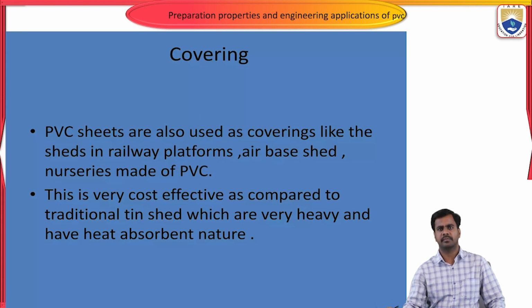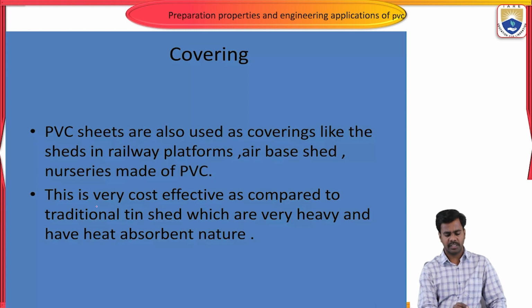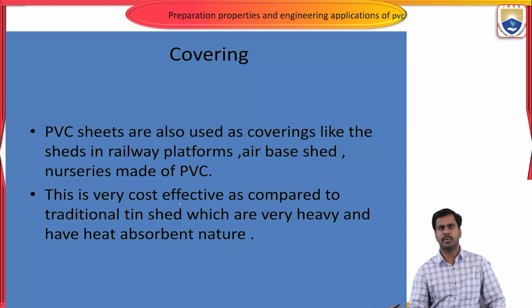Next, coming to another application of PVC, that is covering. PVC is also used as coverings like the sheds in railway platforms, air-based sheds, nurseries, and etc. This is very cost effective as compared to traditional tin sheds, which are very heavy and have heat absorbent nature.